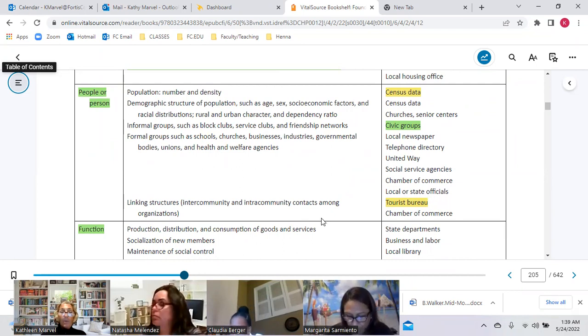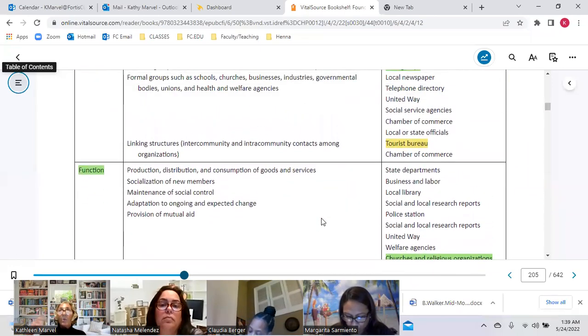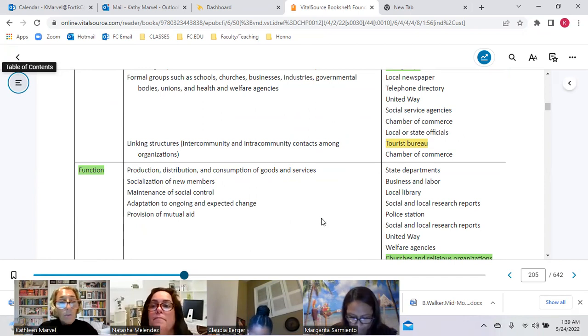The third dimension we look at in a community is the function. What is the function of the community? Is it a college town, an industrial town, an agricultural town, a rural town? Is it an urban or suburban community? What do they produce, how do they distribute, what are their goods and services?